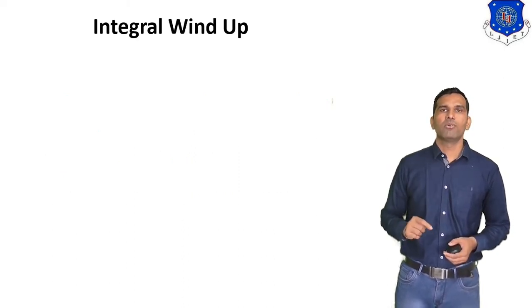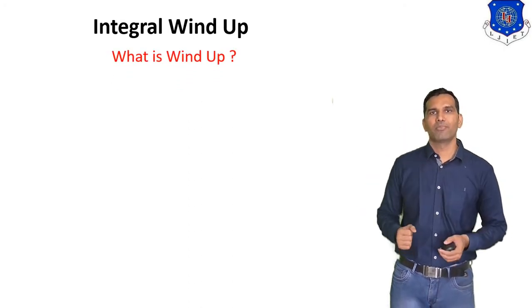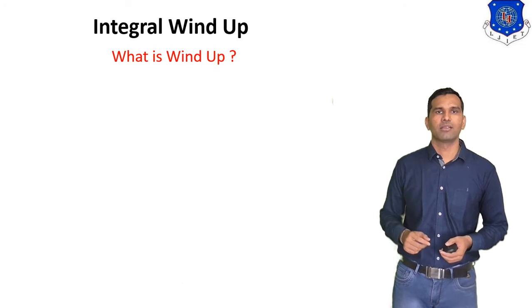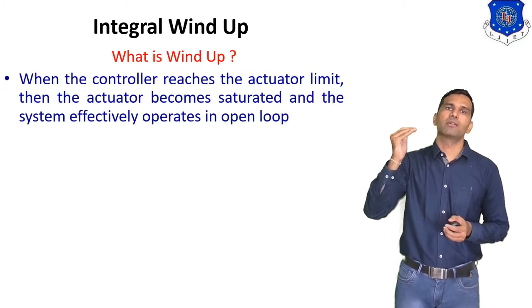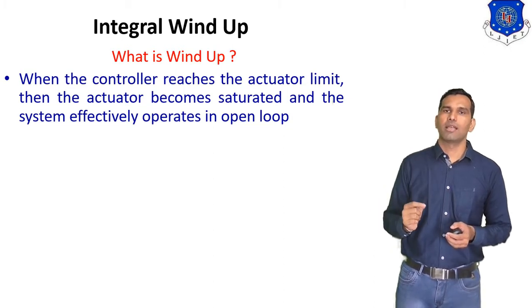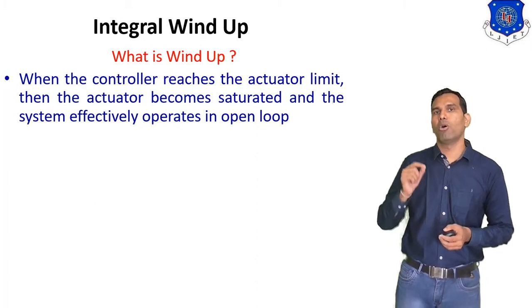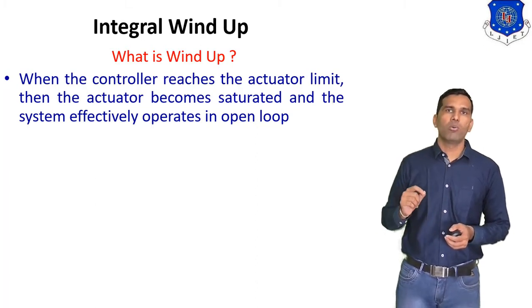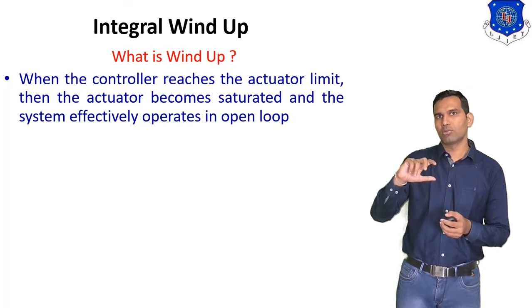So now, first one question comes to our mind, what is windup? When the controller reaches the actuator limit, then the actuator becomes saturated and the system effectively operates in an open loop. We know what an actuator is. That means the controller gives a signal to the actuator.